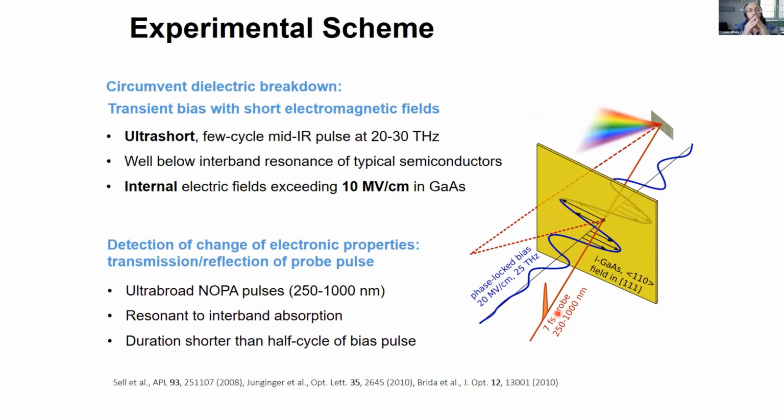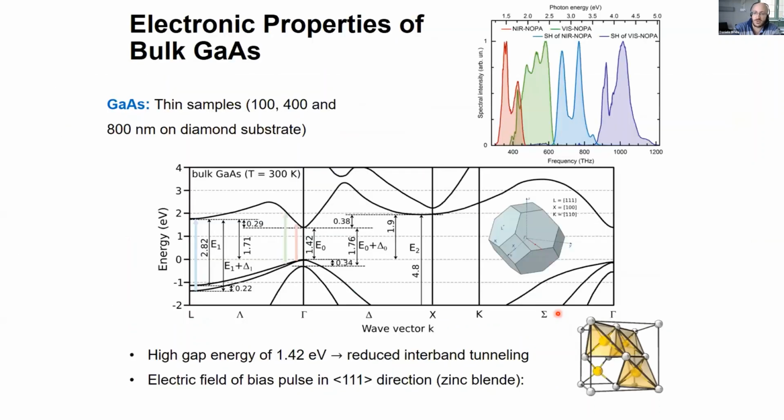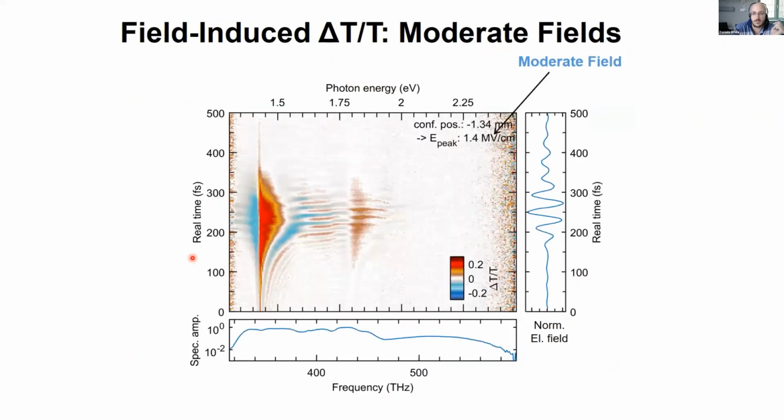So we can observe the instantaneous effect of the field of the pulse that you're using to bias the material, with a temporal duration much shorter than the optical cycle itself. And we have the generation of harmonics. What we are doing is looking at this kind of absorption in gallium arsenide, in the area spanning from 1.4 to 3 electron volts. We did that with short pulses provided by optical parametric amplifiers.